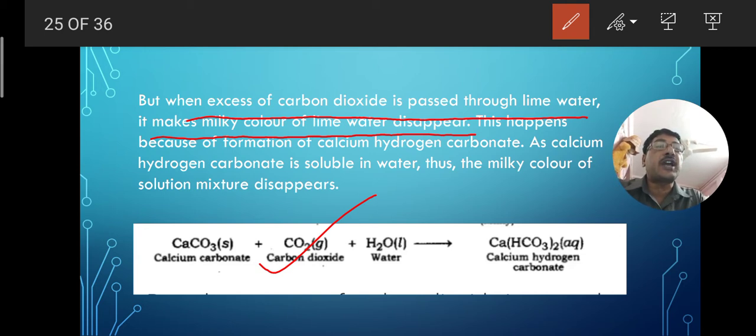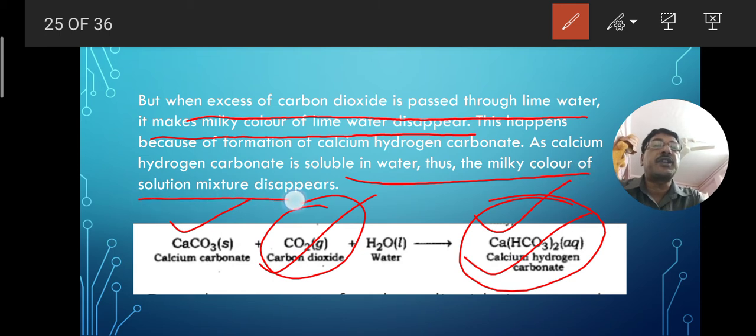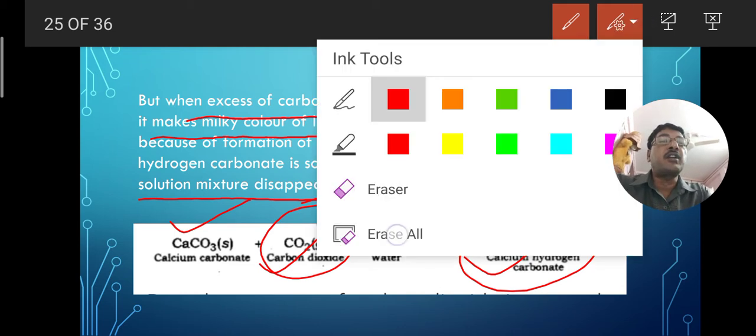Calcium hydrogen carbonate will be formed. When carbon dioxide gas is passed into this solution for a long time, there is a formation of calcium hydrogen carbonate, also known as calcium bicarbonate. When calcium bicarbonate is produced, the lime water, which was milky, becomes colorless. Thus the milky color of the solution mixture disappears. This happens when you pass the carbon dioxide for a long time.